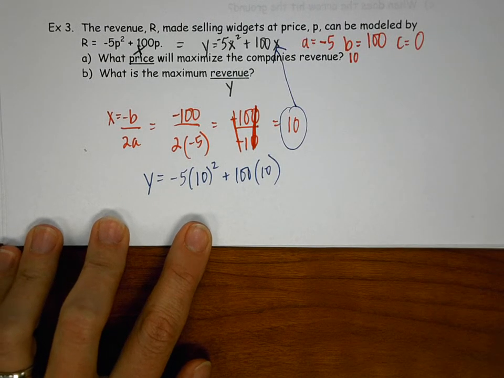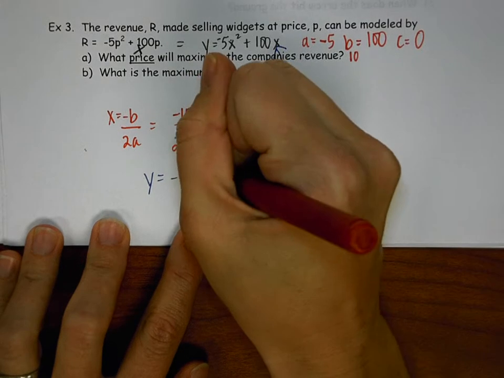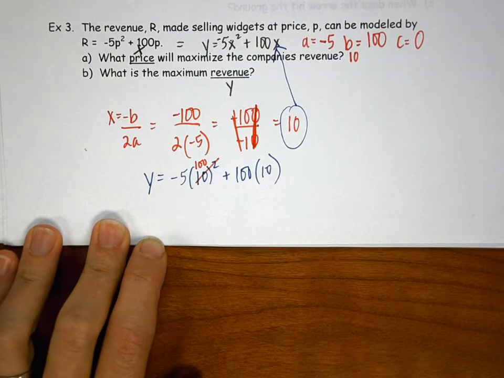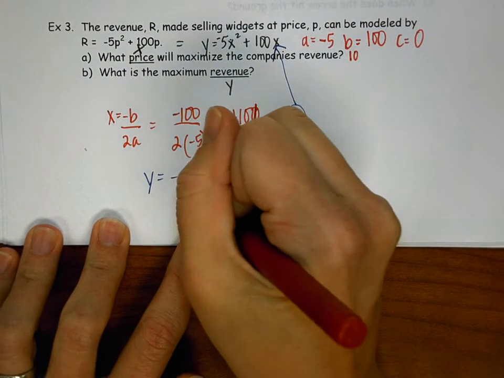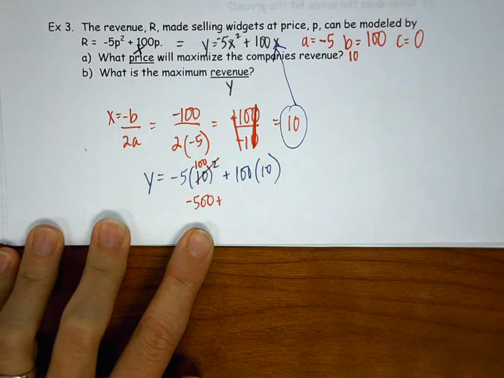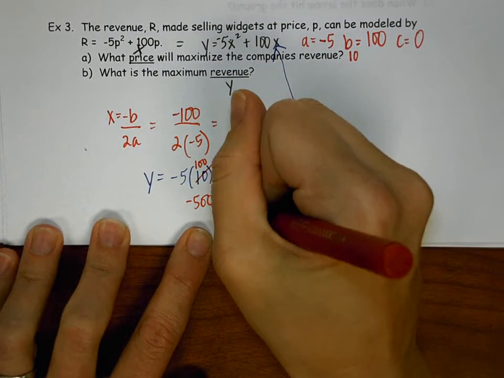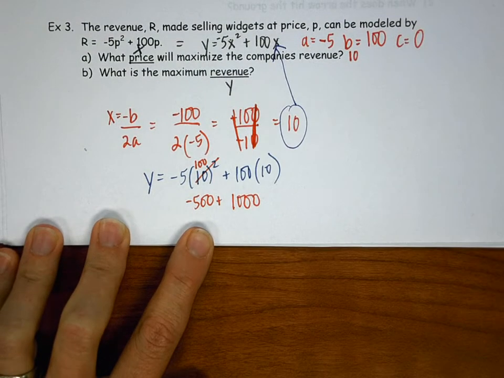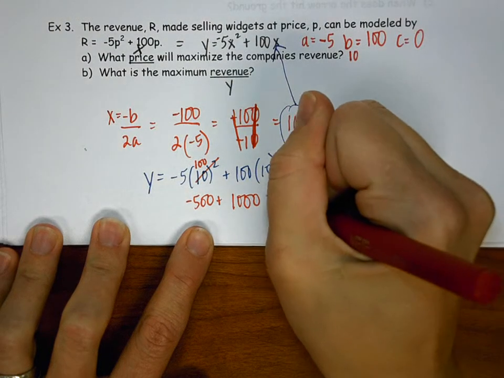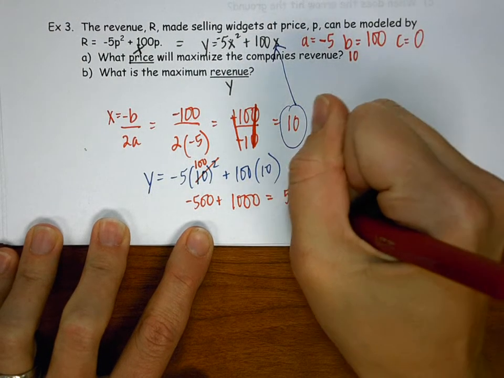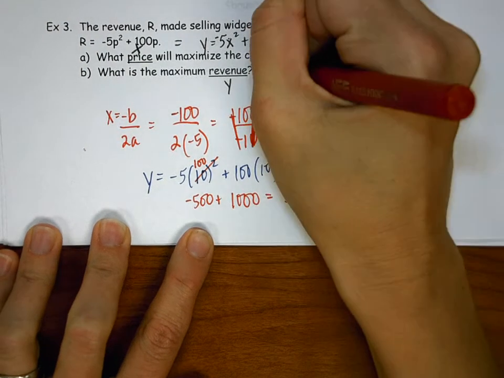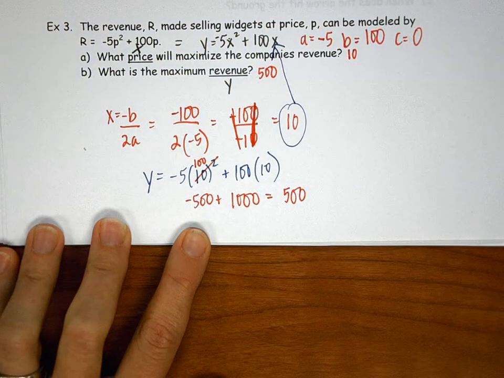So 10 squared is 100. Negative 5 times 100 is negative 500, plus, what is 100 times 10? 1,000. The B portion, right? And negative 500 plus 1,000 is positive 500. Right? Sign of the bigger number. And that's your answer.